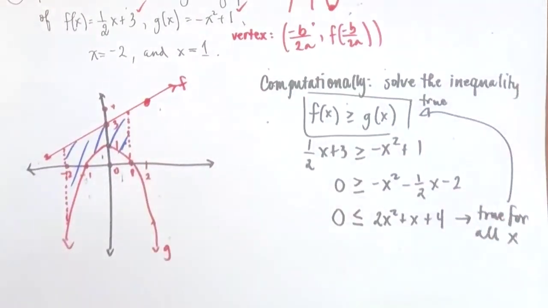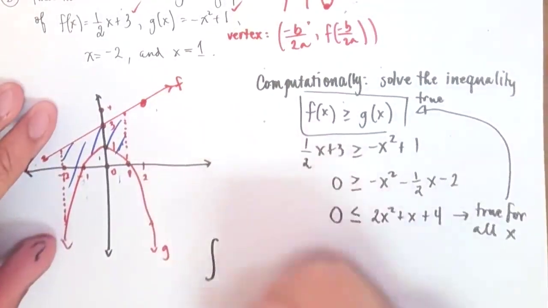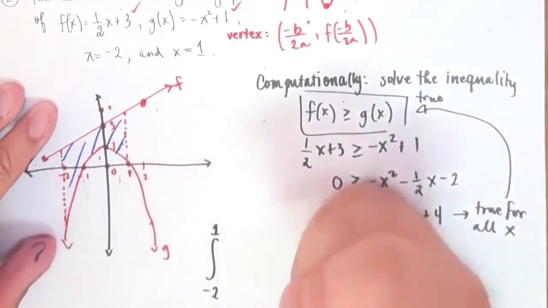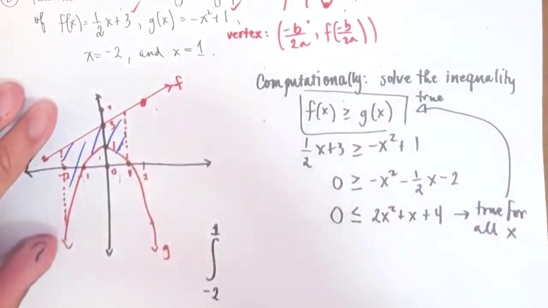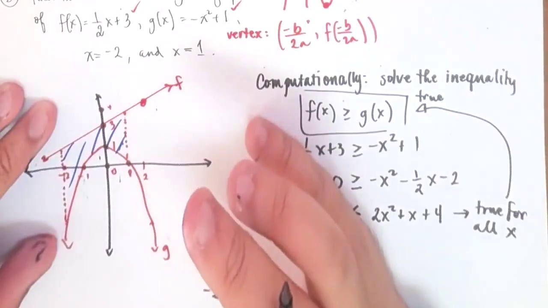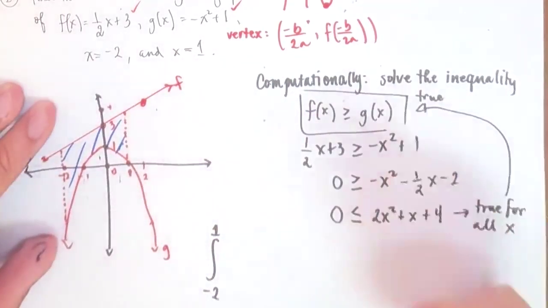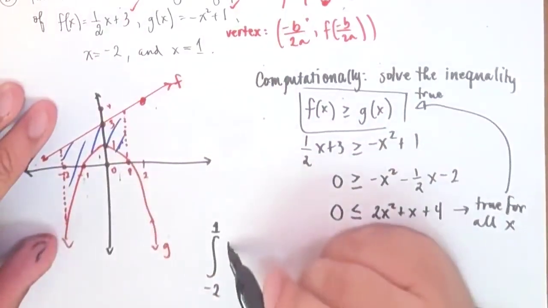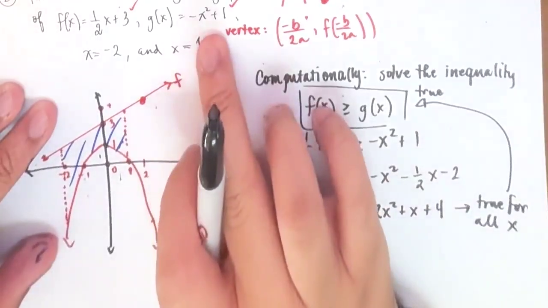And of course, the way to find it is by just using the integral, from -2 to 1 of the above function minus the below function. The above function is this one, 1/2 x + 3, and the below function is this one.